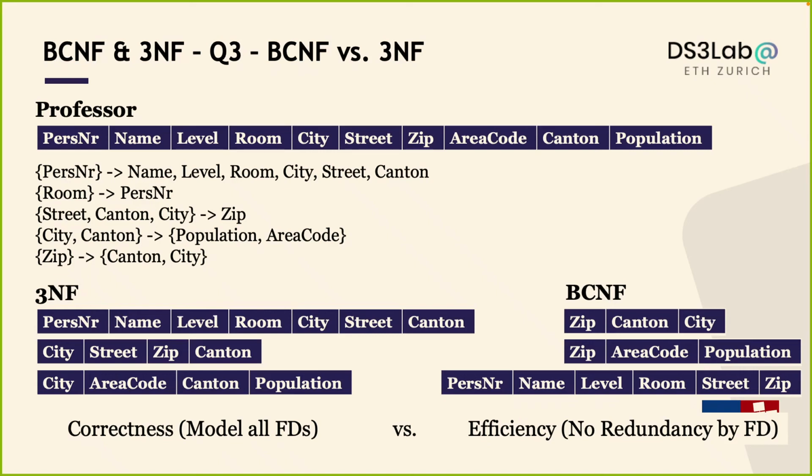If you think about the preservation of functional dependency as correctness, that is all the constraints you have on your data, the third normal form is actually prioritizing correctness. And if you think about data redundancy as efficiency, that's your efficiency of your storage, BCNF tries to prioritize efficiency. So that is why we have these two things.